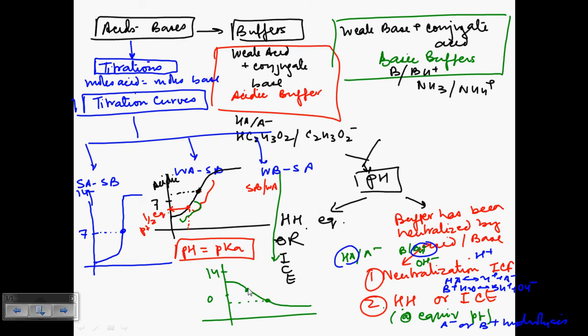Again, around the half equivalence point there is a maximum buffering zone, and that's why pH changes gently, and the ending pH is fairly low because you have a strong acid here. So that is weak base, strong acid titration.